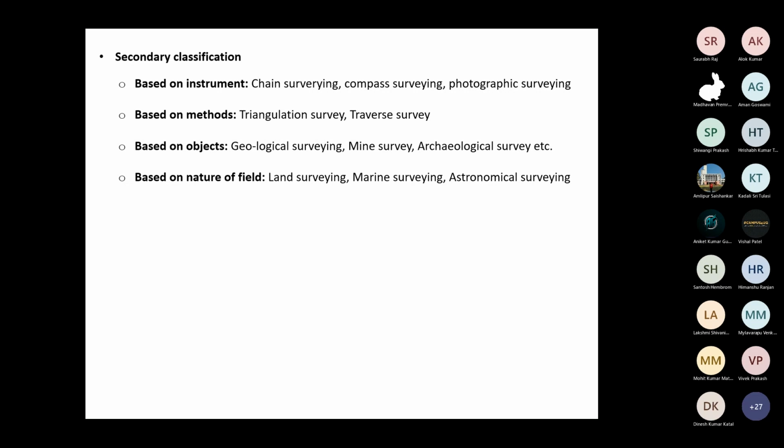Based on objects, geological survey. If I'm very much interested in what is the geology of that area, then I will name it the geological survey, like GSI is doing. Mine survey. If I'm doing it for mining, then it will be the mine survey. Archaeological survey. You know what is archaeological survey? Have you heard about it?